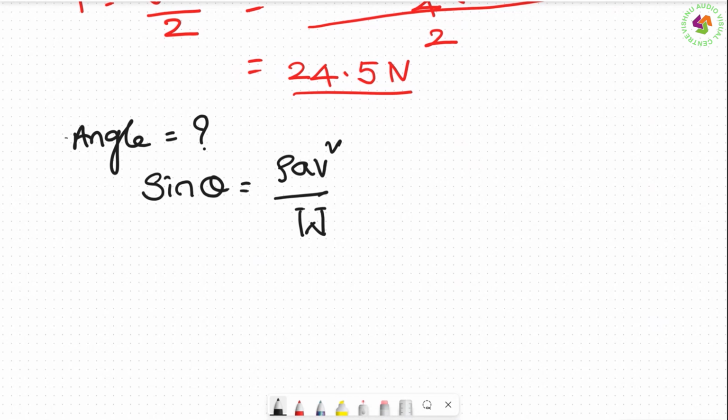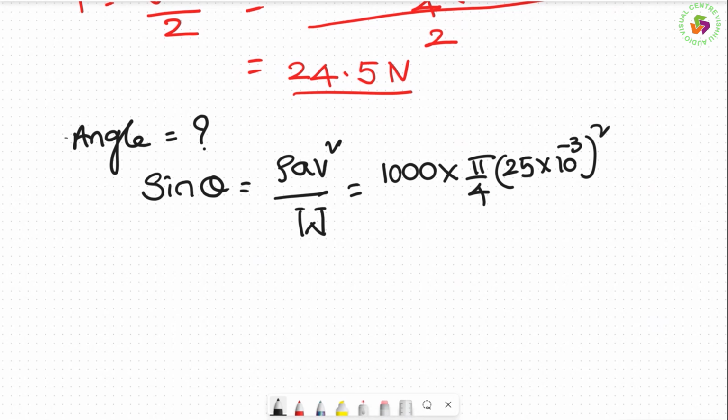Now, rho is equal to 1000. A is equal to pi by 4 into 25 into 10 to the power of minus 3, whole square. V is equal to 10, so V square is 10 square, divided by W, the weight of the plate, which is given in this problem as 98.1 newtons.